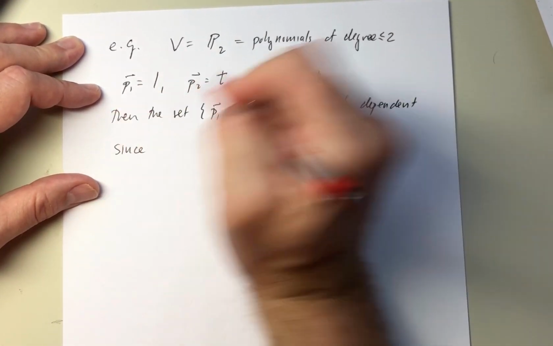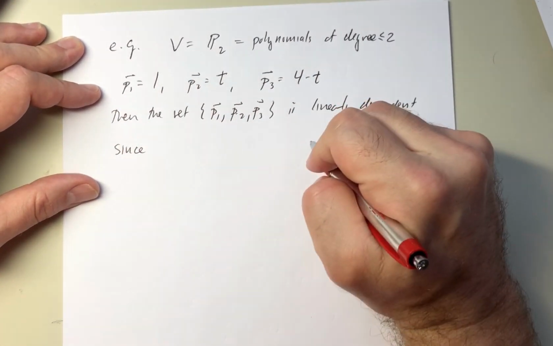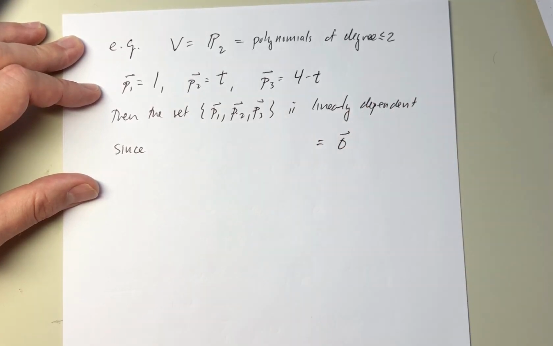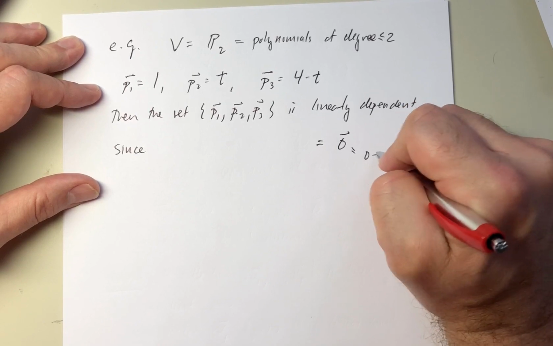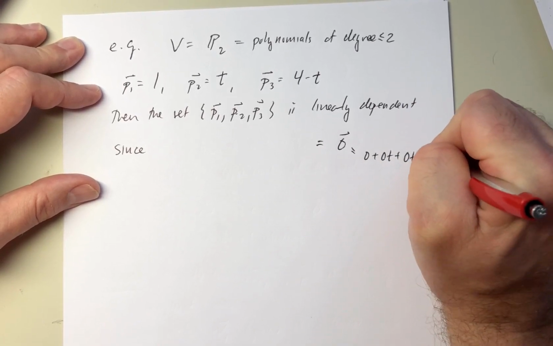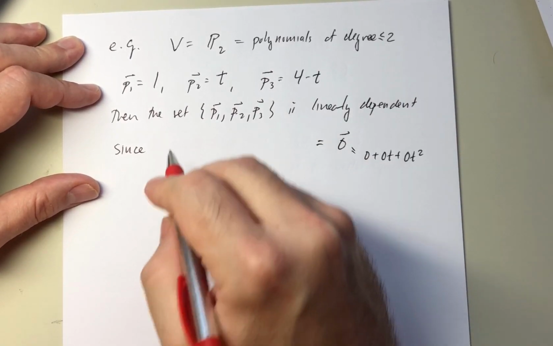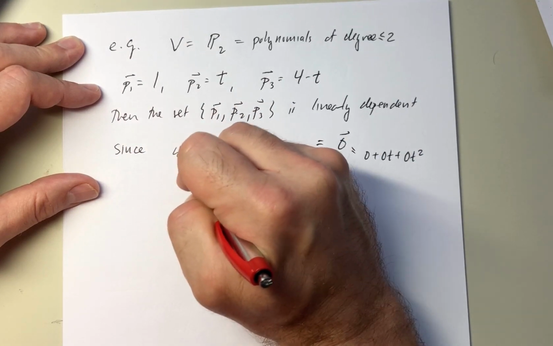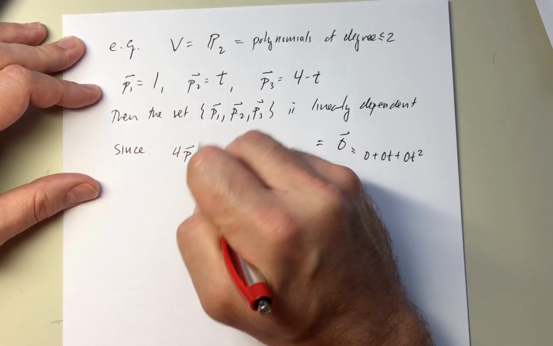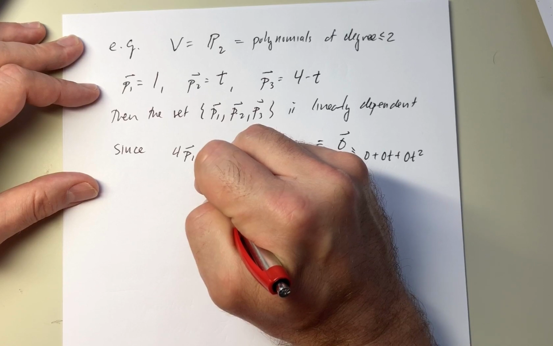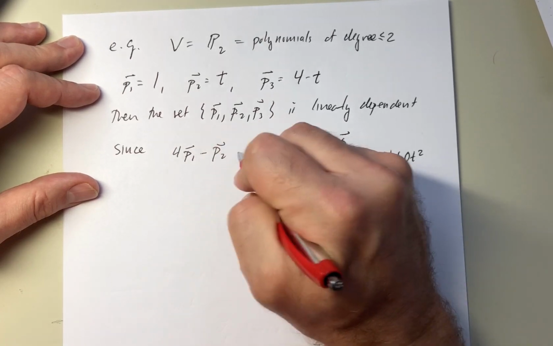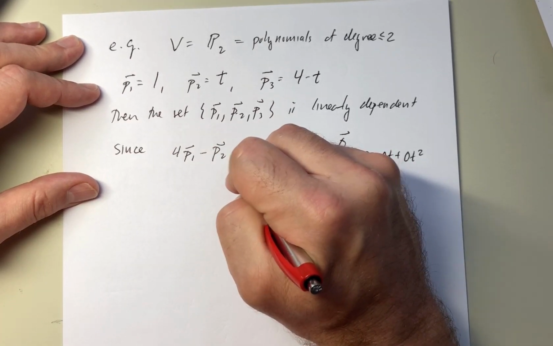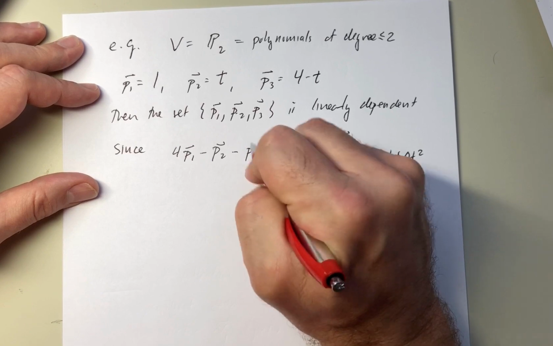since I can write the 0 vector as a linear combination of these. Well, what's the 0 vector? That's just the 0 polynomial here, 0 plus 0t plus 0t squared. And I can write that as 4 times P1, minus 1 P2, and then minus P3. What do I get here?